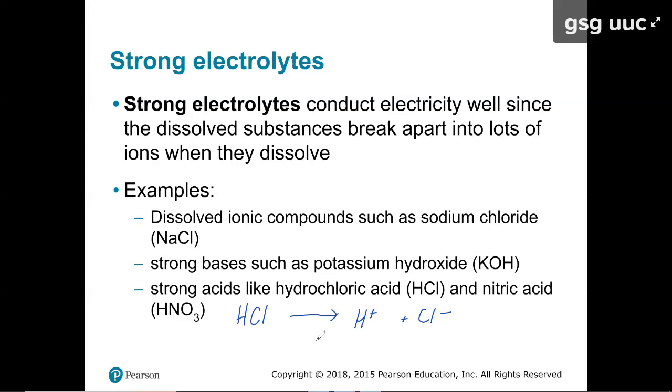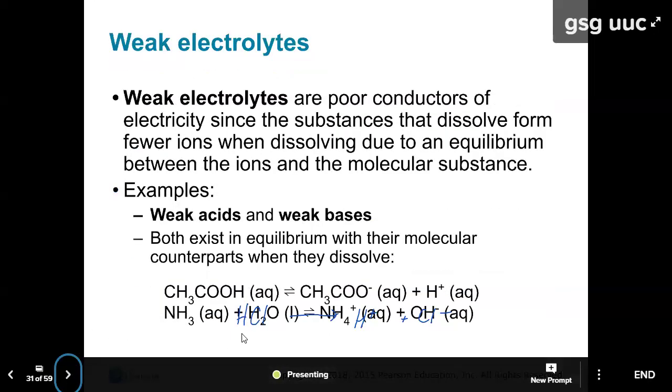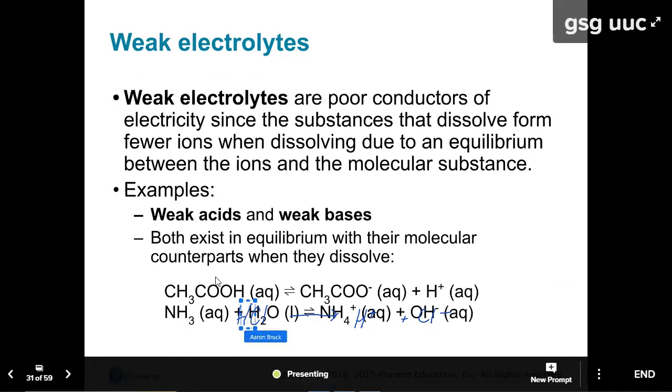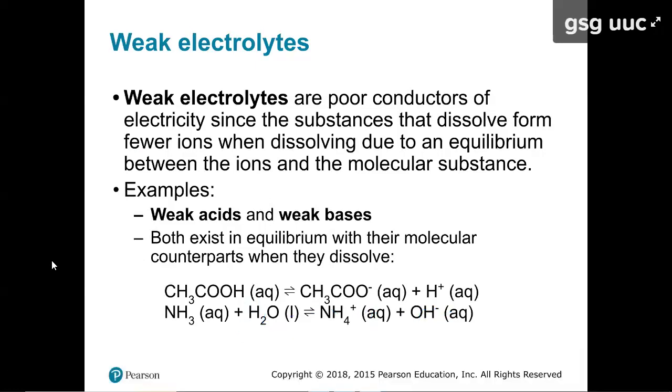None of the ions are going back to form HCl. It's a one-way street. So strong electrolytes, their reactions are one way. Weak electrolytes, the reactions are two-way. And as a result of that two-way reaction, we don't see as many ions present, so it doesn't conduct electricity as well.